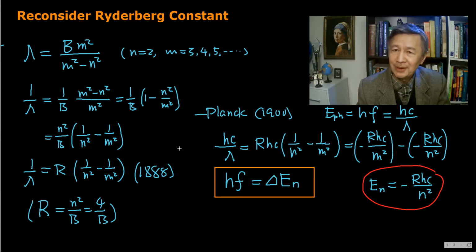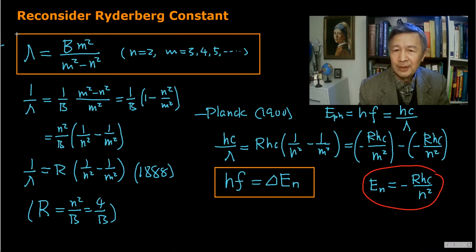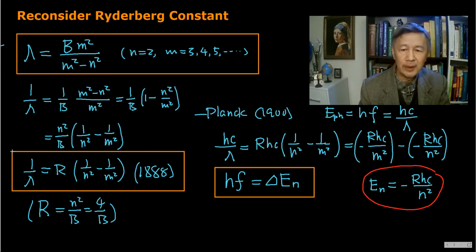That's my comment. To summarize briefly, this is the formula derived by Balmer in 1885, and this is the formula derived by Rydberg in 1888.